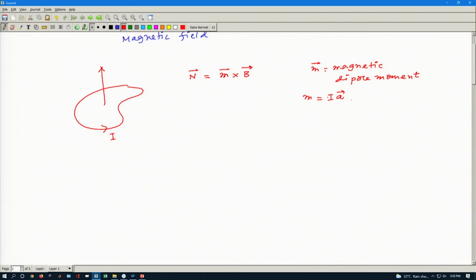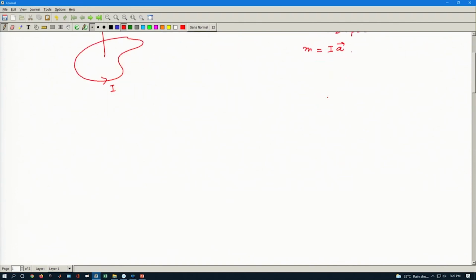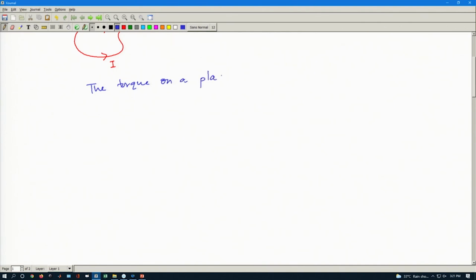If I try to understand the torque, then this is basically the torque on a planar current loop, and this is the value we already wrote, that it should be M cross B.